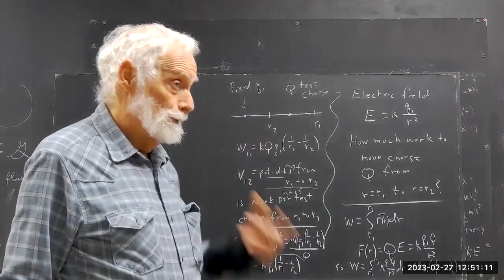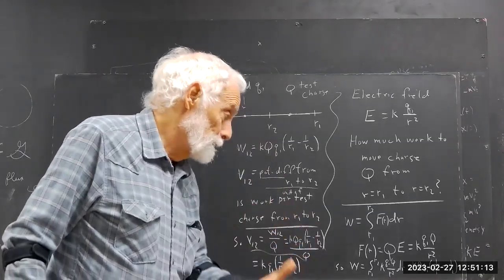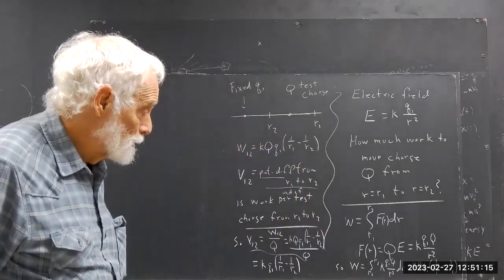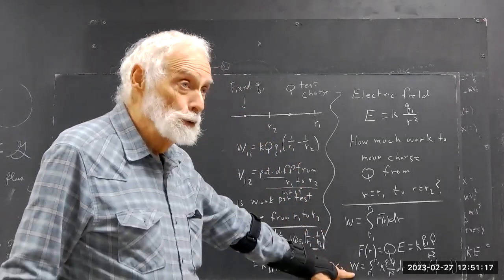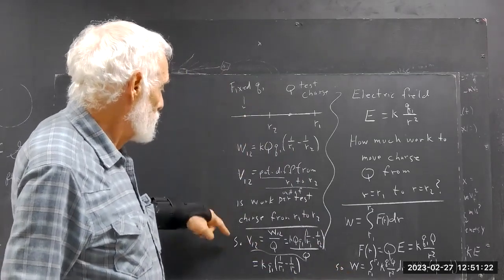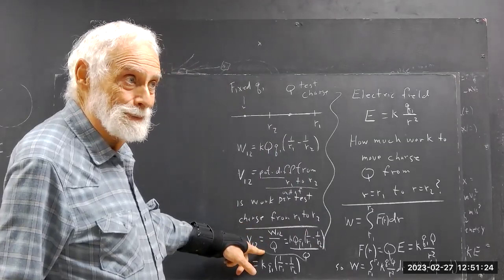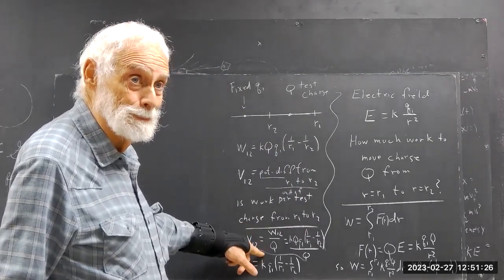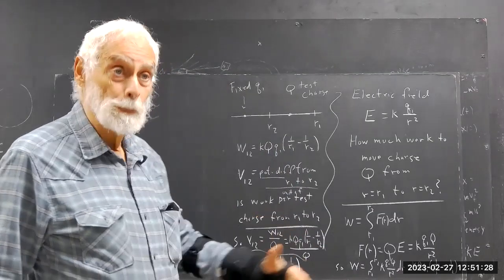The ultimate answer is work in joules, and this is work divided by charge, which is joules per coulomb, also newton meters per coulomb.